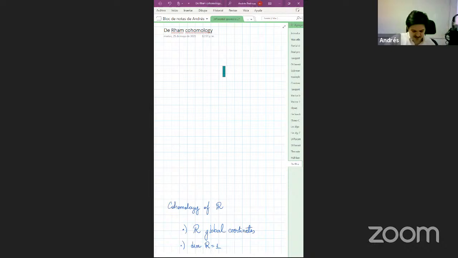Okay, now for today, we are going to compute the de Rham cohomology of the reals. We will do this straightforwardly, just following the definitions.